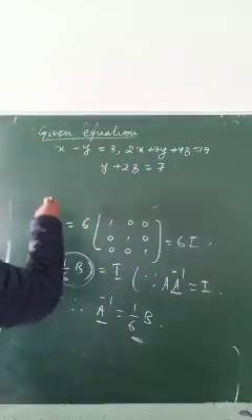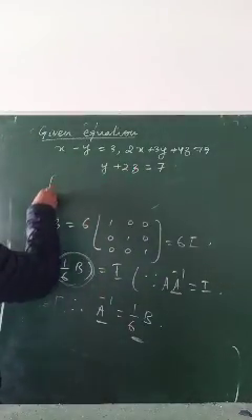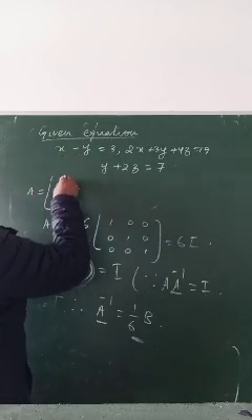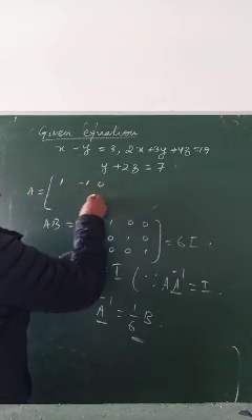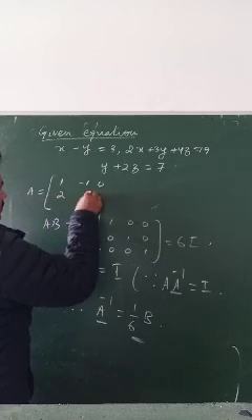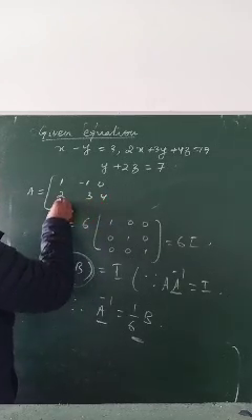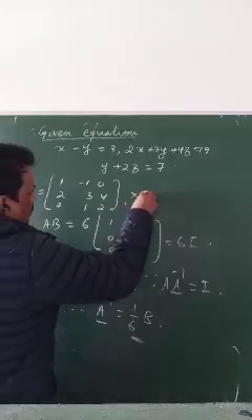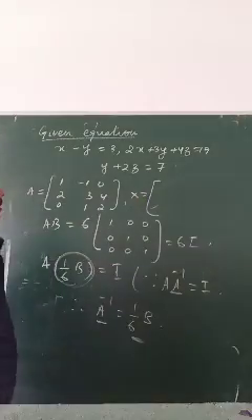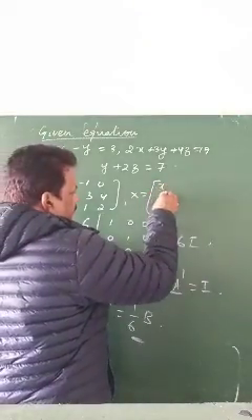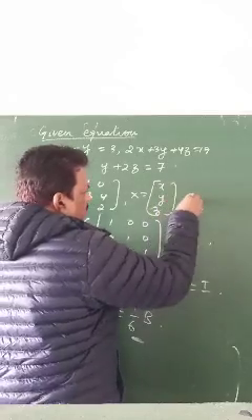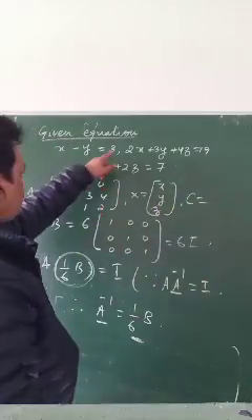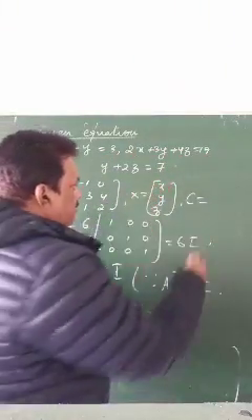So A equals 1 minus 1 0, 2 3 4, 0 1 2. X equals xyz. Then you write C, not B, because B is already used here. C equals 3 17 7.